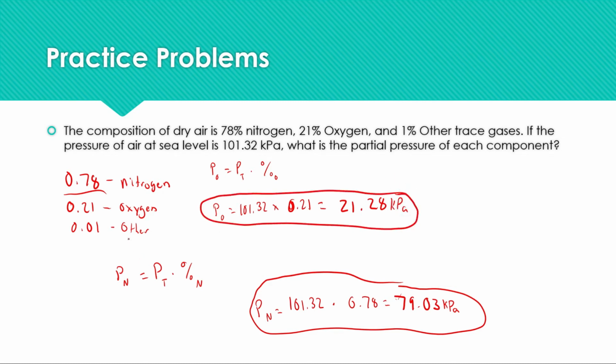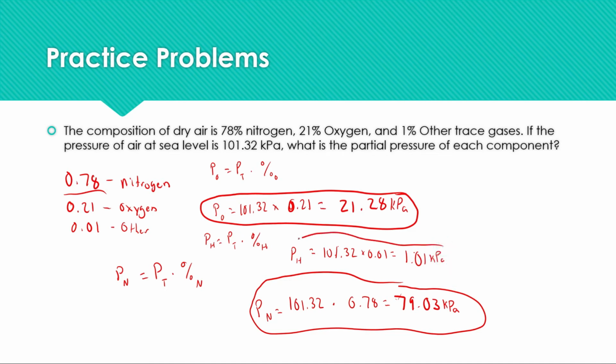And then lastly, for other gases, we're going to do P sub H. So P sub H equals P sub T times percent H, or in this case, P sub H equals 101.32 times 0.01, or about 1.01 kilopascals.